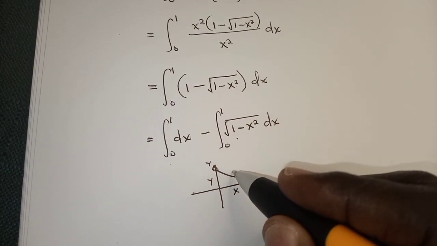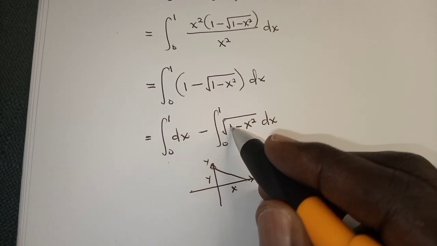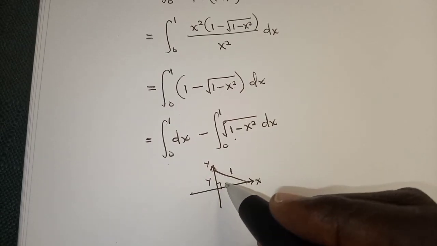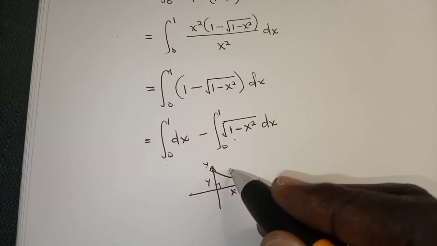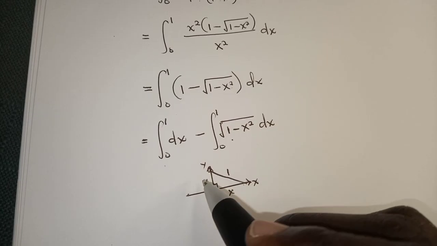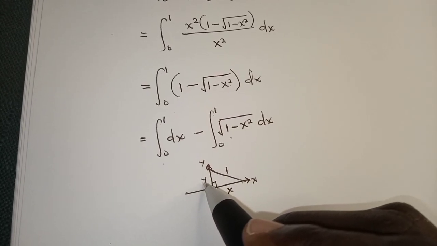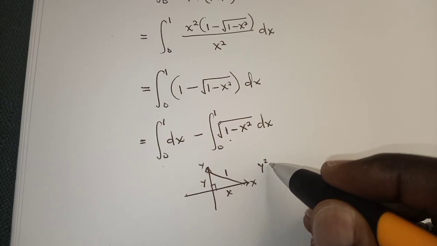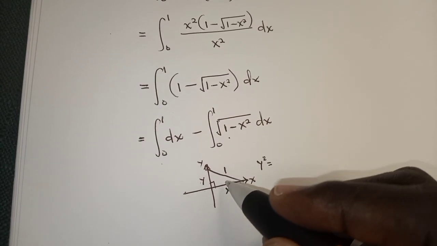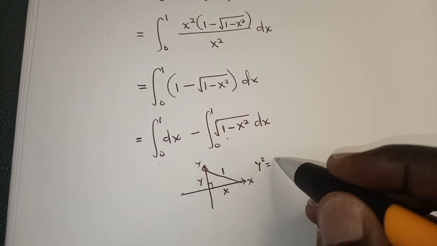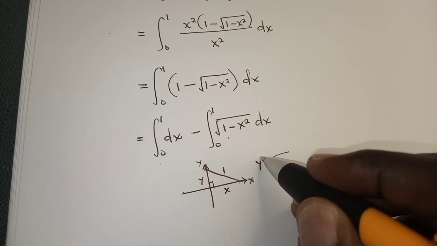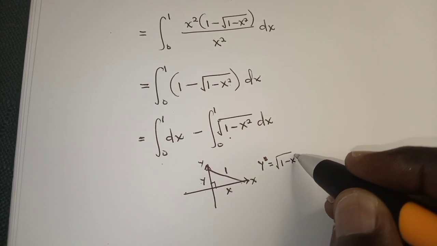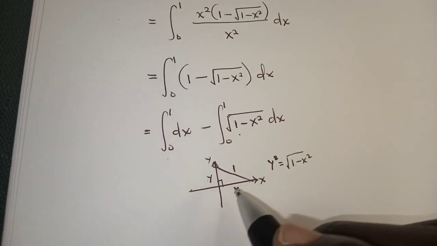Based on this, we have our hypotenuse, the longest length, to be 1. So when you're looking for y, y will be equal to the square root of 1 minus x squared, from the Pythagoras theorem.